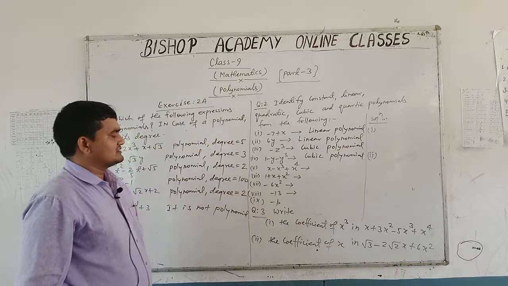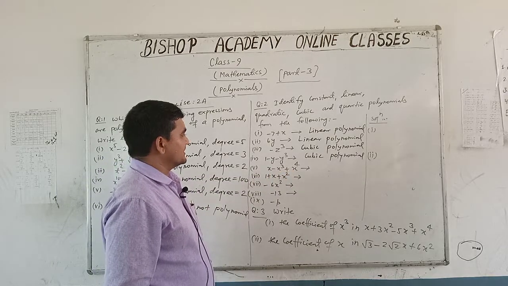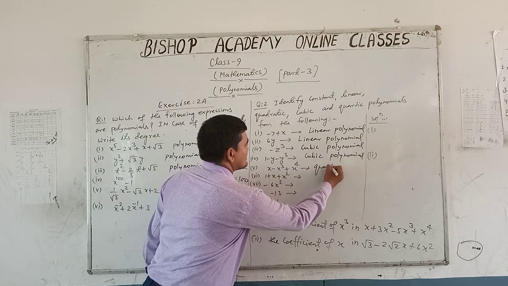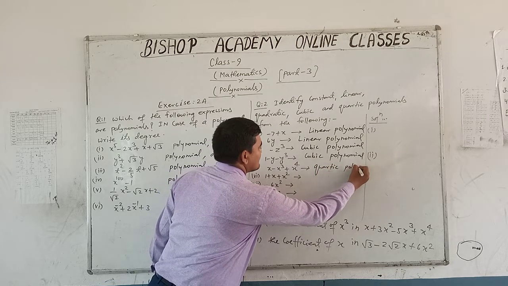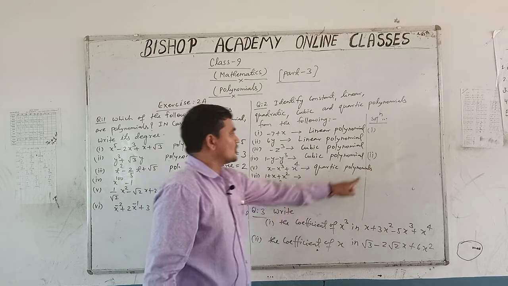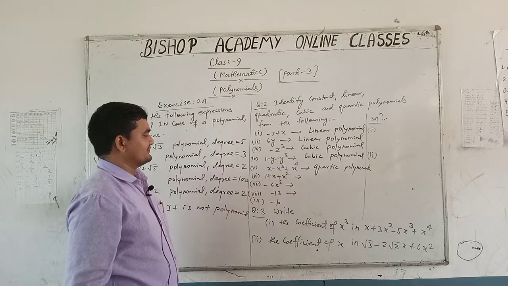In fifth part degree of this polynomial is 4, therefore it is known as quartic polynomial, and quartic polynomial is also known as biquadratic polynomial.